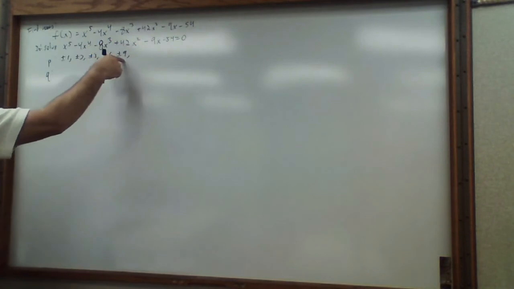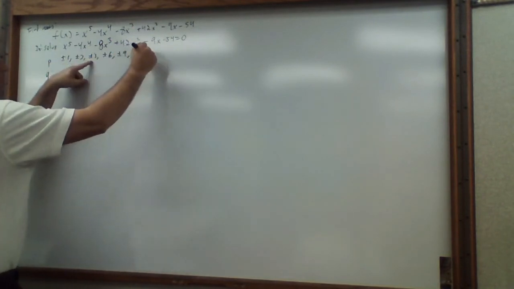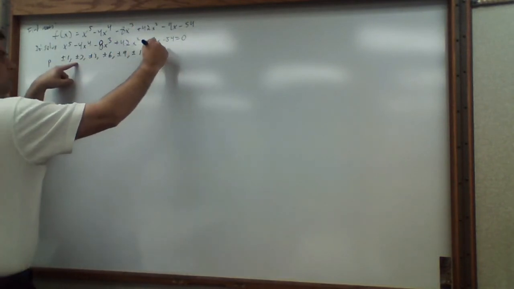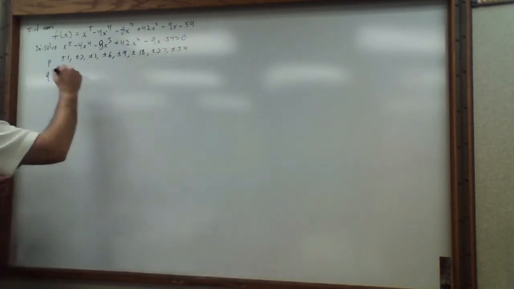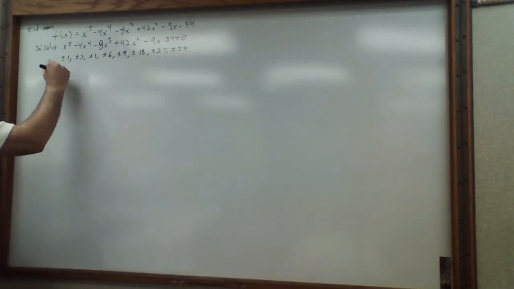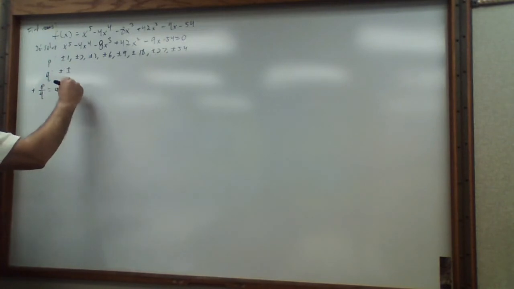That's a matching pair. So 54 divided by 3 is 18, 54 divided by 2 is 27, and by 1 is itself. Q is all my factors of the lead coefficient 1. So plus or minus P over Q is just all the P's.